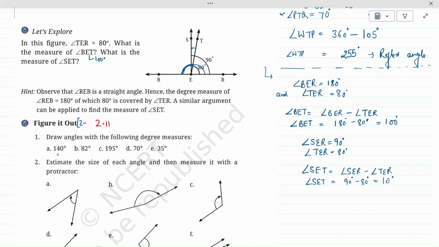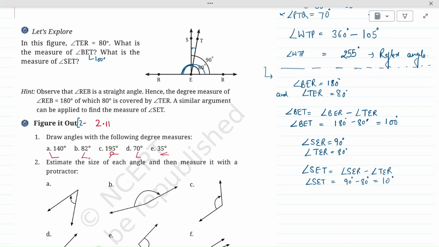Okay, I'm drawing this again. 140 degrees will be an obtuse angle, something like this. 82 degrees, an acute angle, something like this. 195 is greater than 180 but less than 360 degrees, so it will be something like this. Then 70 will be something like this. 35 will be like this.